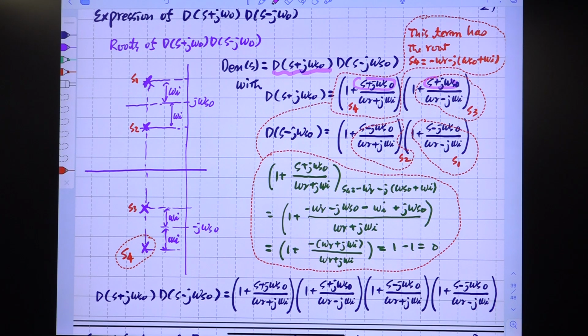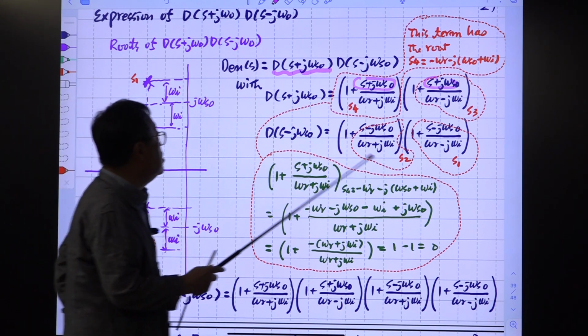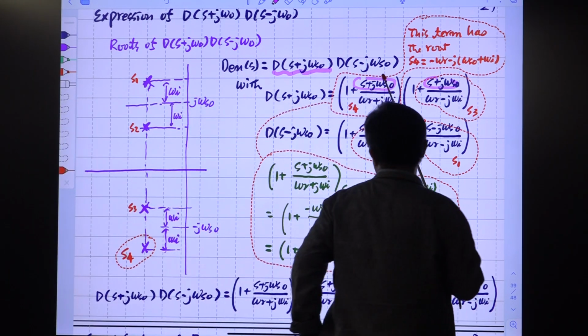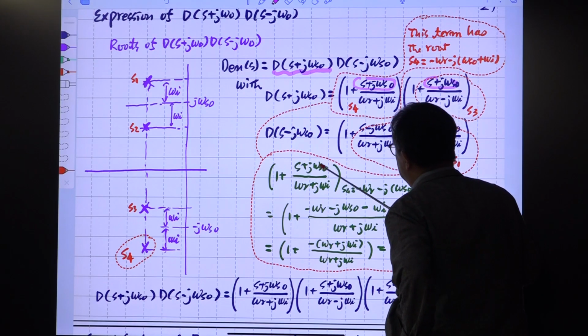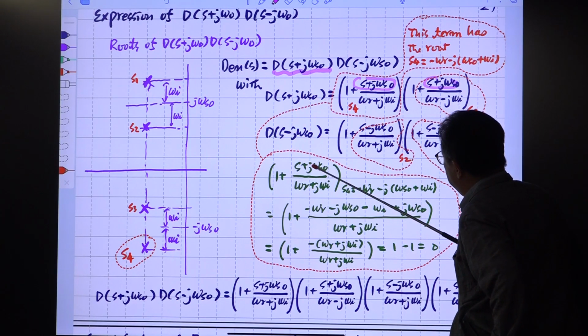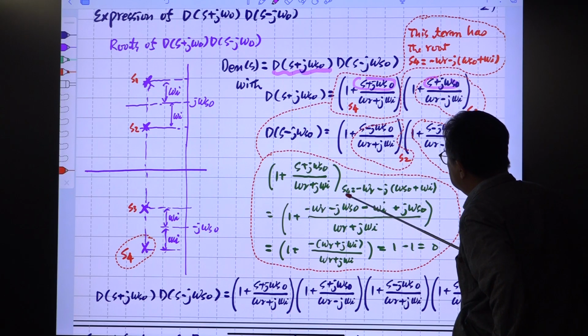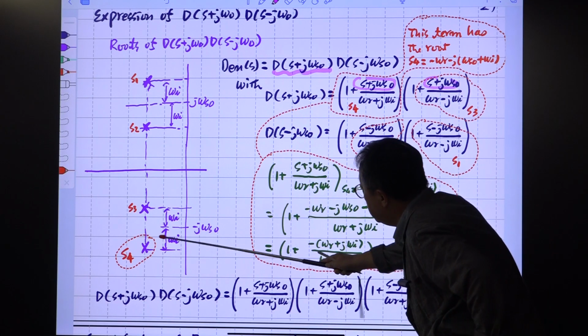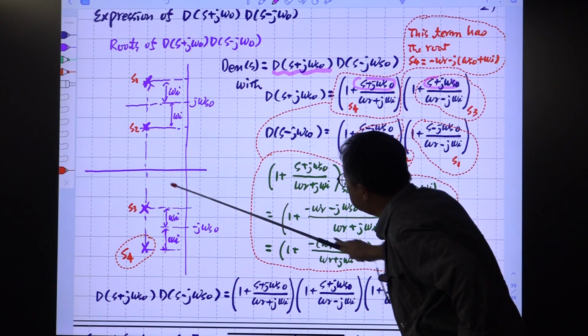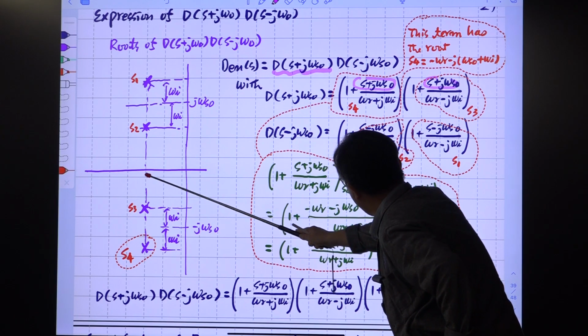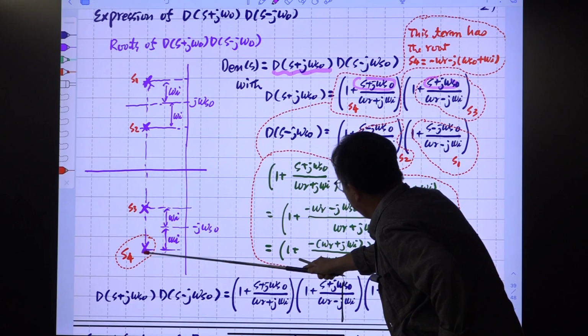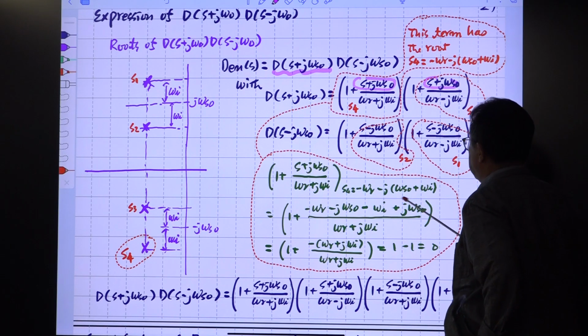So if you take a look at just this term, then this term is this one, and you put S4, which is this one. The coordinate of this is minus omega r, minus omega r minus this one, j omega s0 plus omega i.